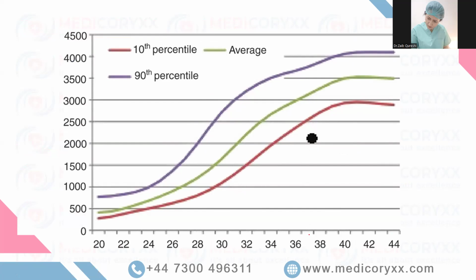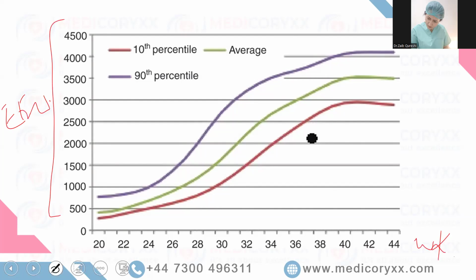Okay. So let's suppose these are weeks, gestational ages. This is estimated fetal weight according to the gestational age. This green line indicates that everything is normal. This indicates the 10th centile. This indicates the 90th centile.